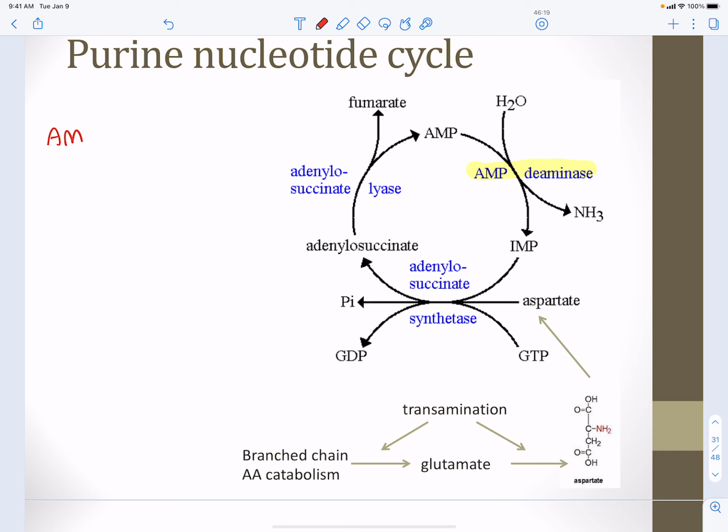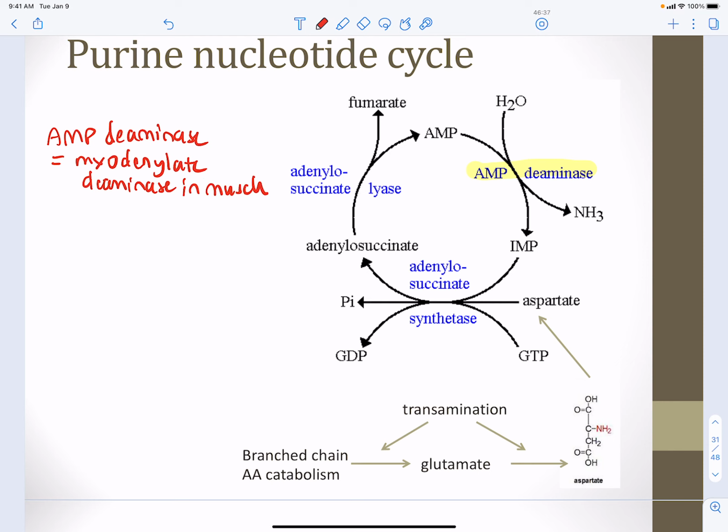Let's write it here. So in branched-chain amino acid catabolism, down here, it's going to release nitrogens that get transferred to aspartate.